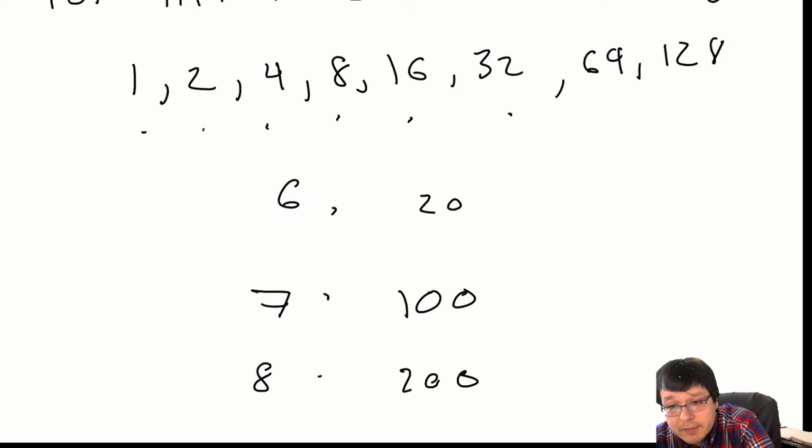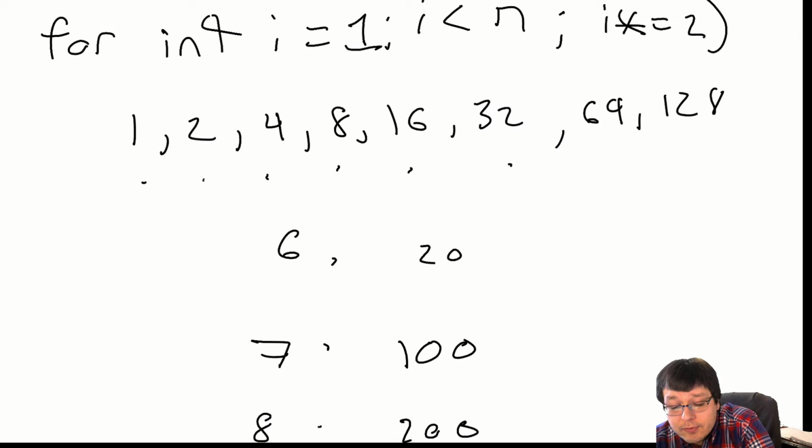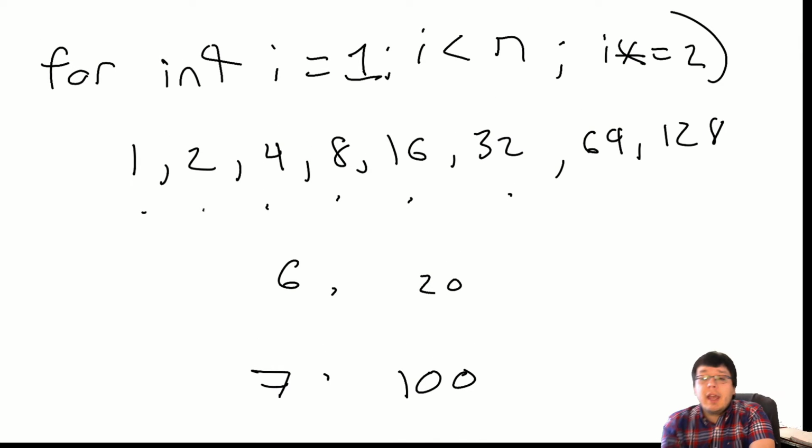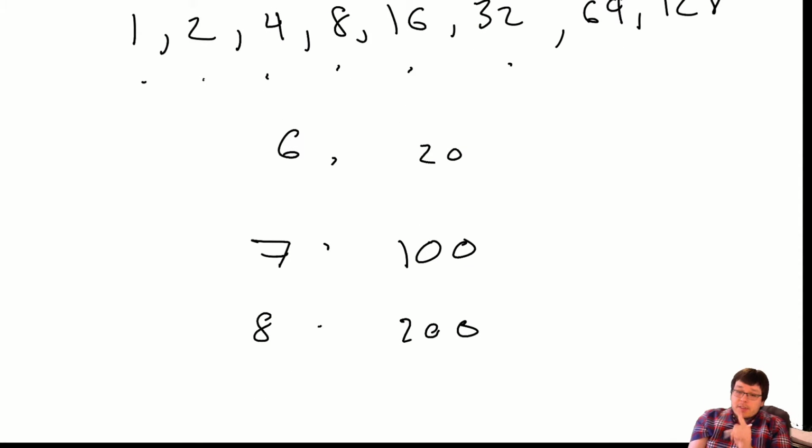This is logarithmic time because it's going faster than linear time, right? Linear time would mean that if n was equal to 128, we would get 128 repetitions in the loop. Even with such a small number, you can see that it's going to do less than linear time. And it's not half of linear time, it's not a quarter of linear time, but you can see that it's sort of an exponential relationship.